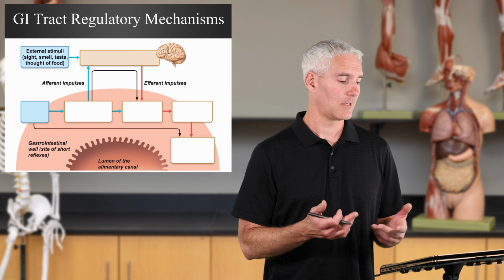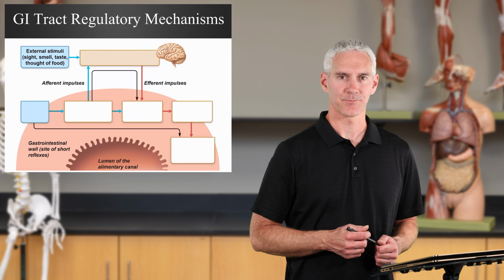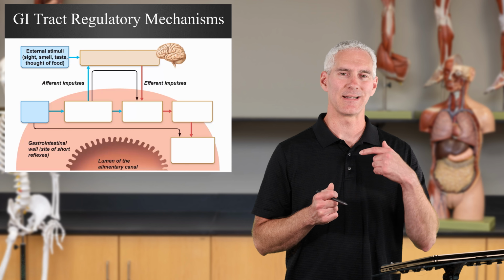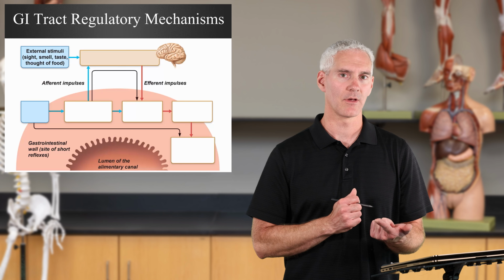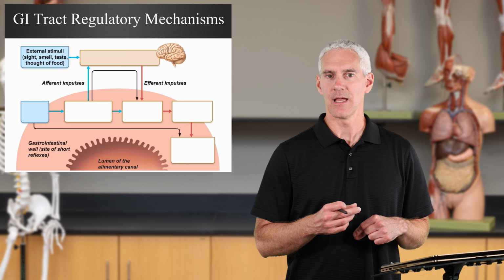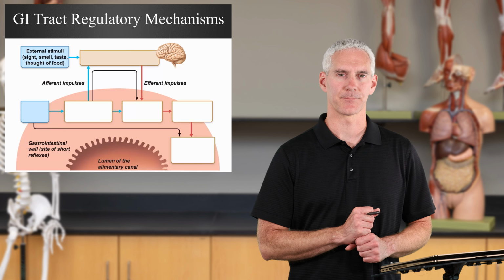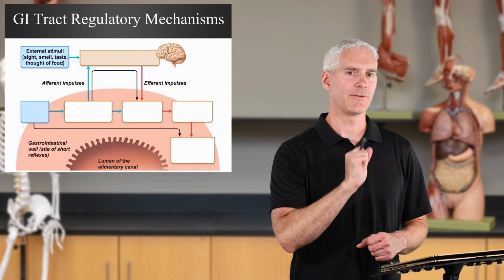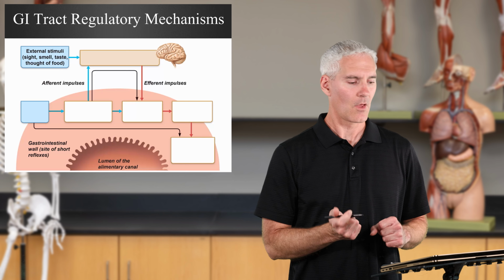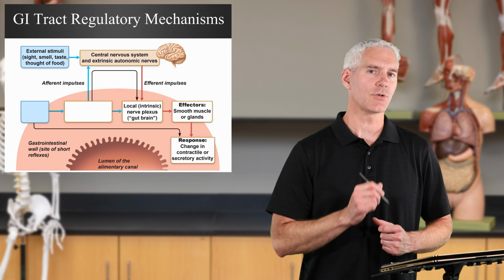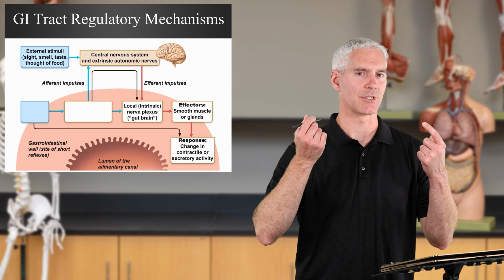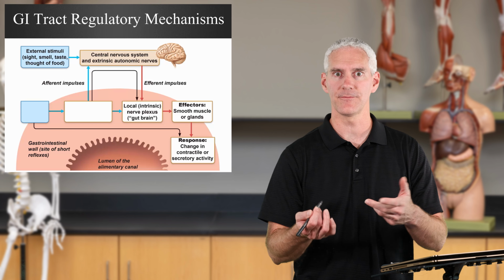So how do you regulate? Well, here's kind of a visual aspect here. You can either have stimuli from an external source, which we'll start with, or an internal source. That internal source we'll get to in a second. But let's say you see food. Ooh, that food looks good. What's happening then is the central nervous system picks up those receptions, saying, hey, I see food or I smell food.